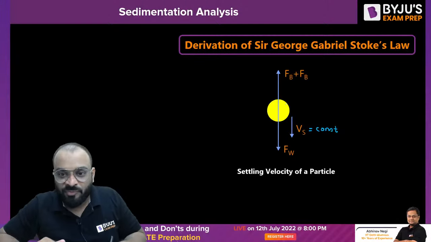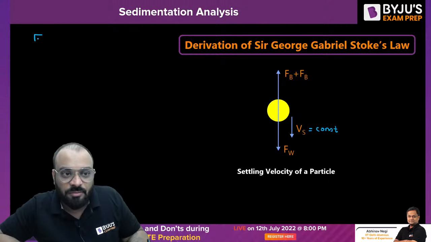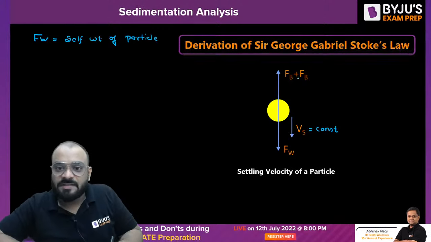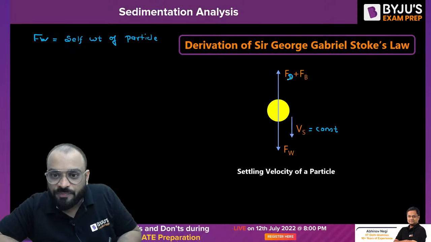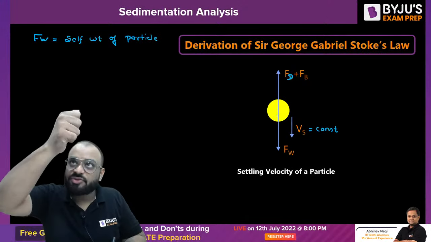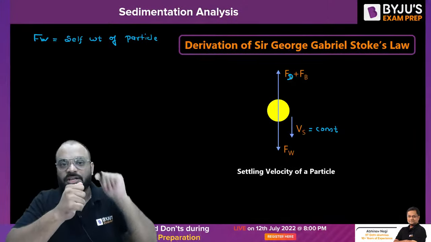Now what are the various forces which are applied? Listen. First is self-weight, which is nothing but Fw, the self-weight of the particle. Second is drag force, which is FD. When this particle is trying to settle down at the bottom, a drag force is applied opposite to the direction of motion.